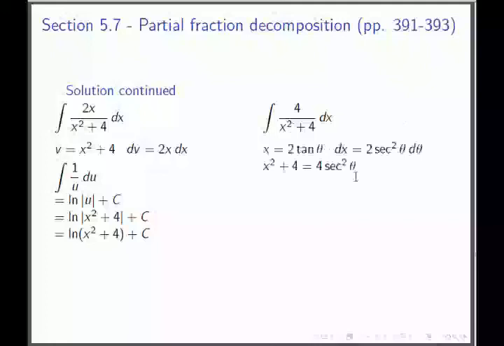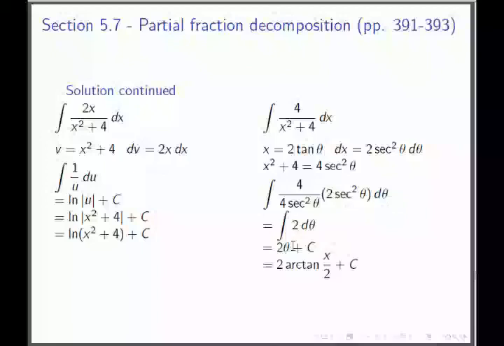And so if I rewrite the integral that way, I see secant squared cancels with secant squared, and 4 cancels with 4, and so I just get the integral of 2 d theta, which is quite easy. That's 2 theta plus c. And if I try to solve for theta, well, I can just take this equation, divide by 2, and then take arctangent of both sides.